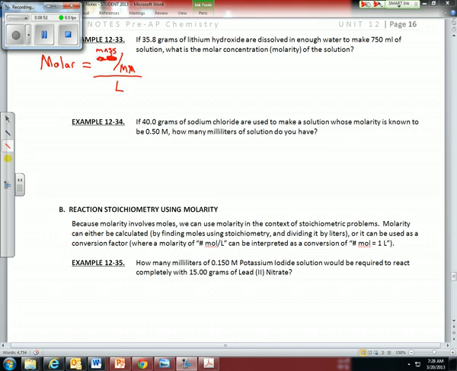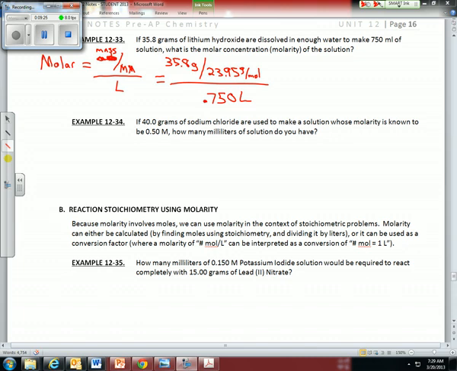Okay, so 35.8 grams of lithium hydroxide. The molar mass of lithium hydroxide, let's see, I know that one off the top of my head too. It's 23.95. Again, I found that using the periodic table. And then I'm going to divide that by 0.750 liters and get an answer.